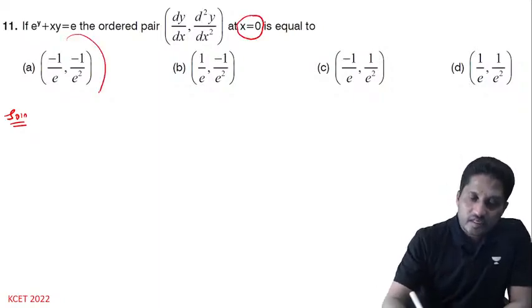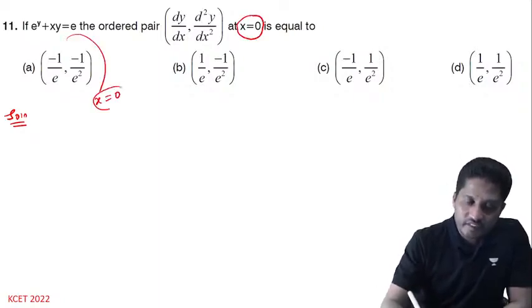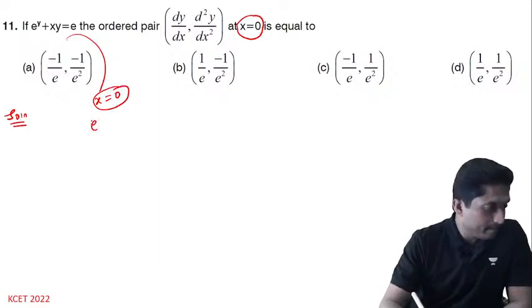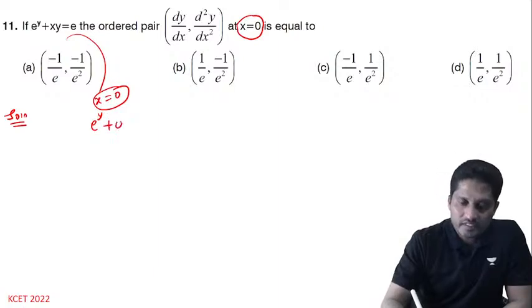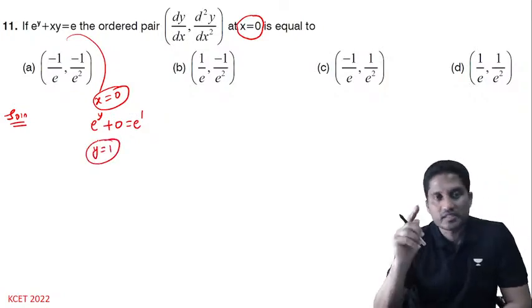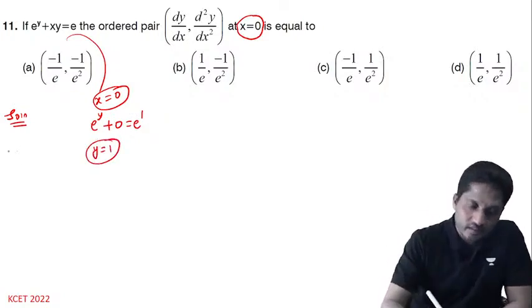If I put x equal to 0 in the given equation, e to the power of y plus this is 0, and that's equal to e power 1. So if I equate, you get y equal to 1. Am I right? So x is 0, y is 1. So the point is x equal to 0 and y equal to 1.